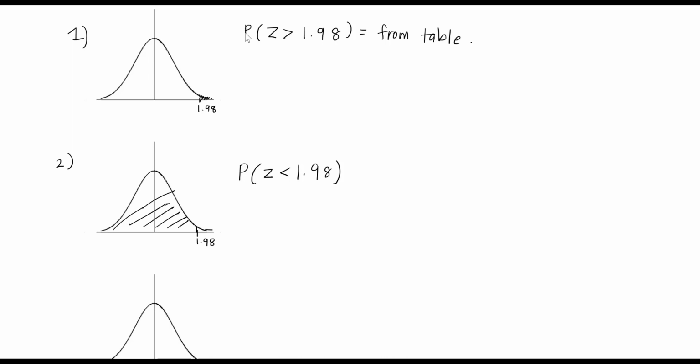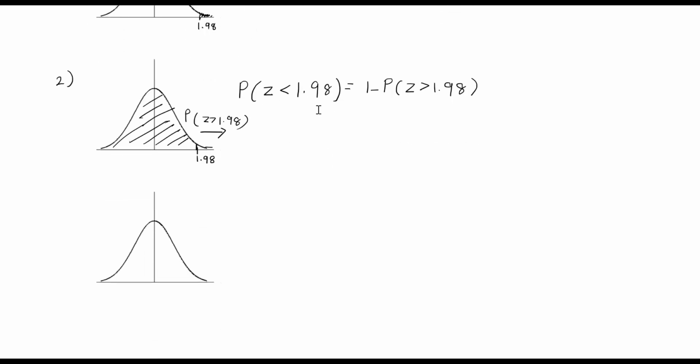You know that you can get the value of Z greater than 1.98 from your table. So when you want to calculate Z less than 1.98, it is equal to 1 minus the probability of Z greater than 1.98.